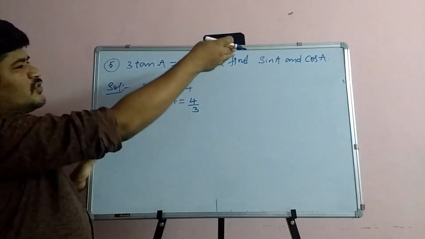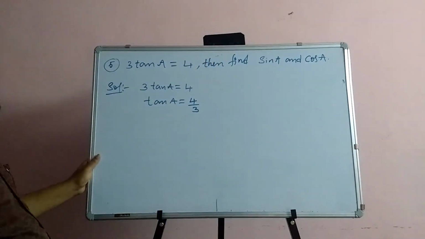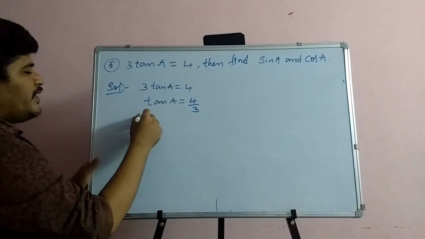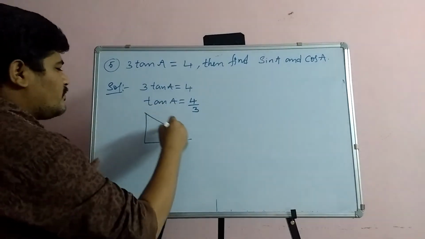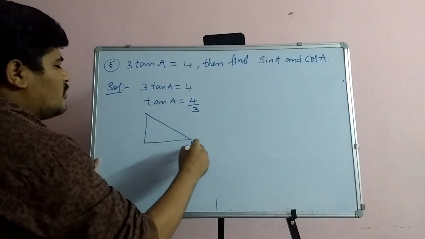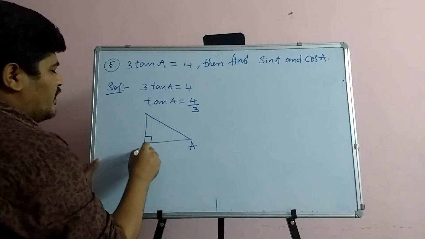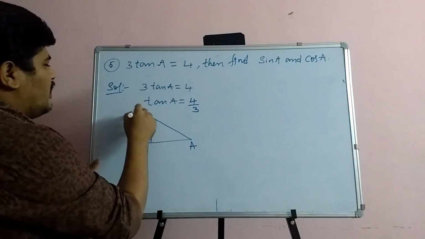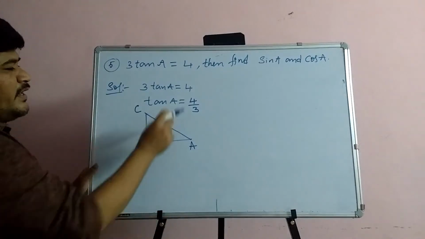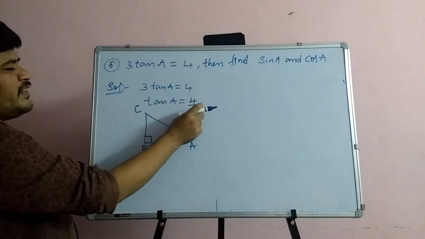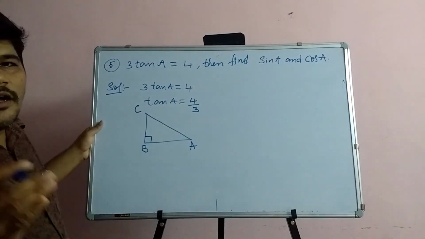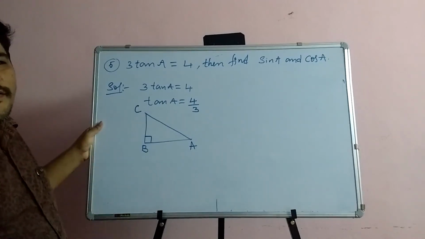Now they are asking us to find sin A and cos A. Okay. Now I am taking one rough diagram. So tan A is equal to 4 by 3 is given. So I am taking right angle at B, and this is triangle ABC. And tan A is equal to what? 4 by 3. So what is tan? Opposite side by adjacent side.